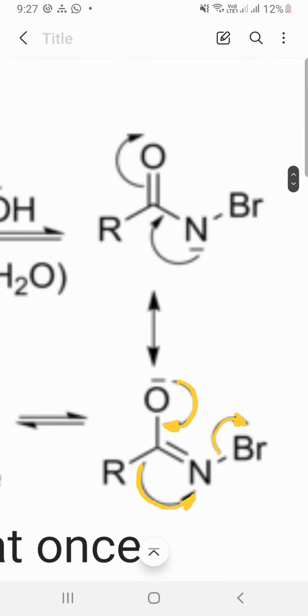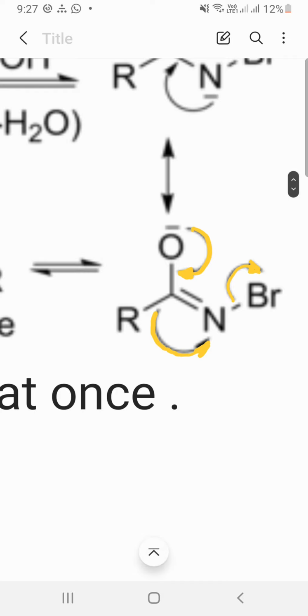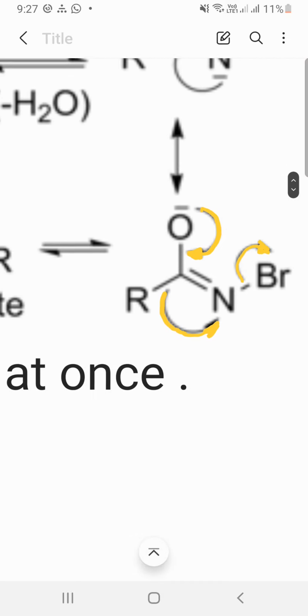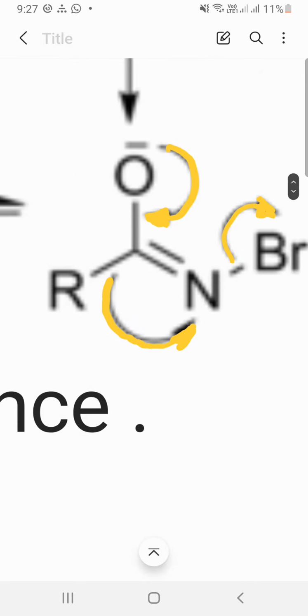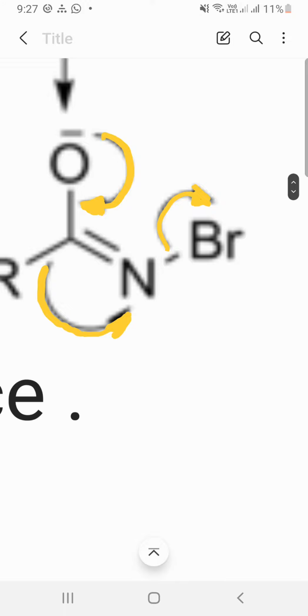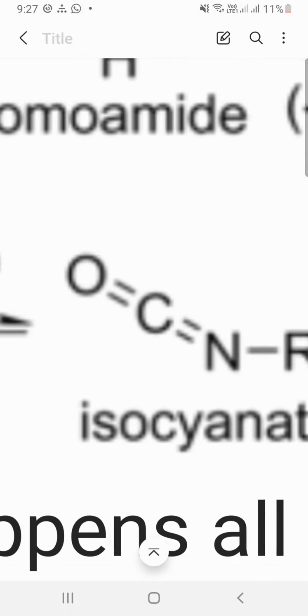Fine. So you got this bromine group involved over there, and then it does this thing. And now the next step is important. These yellow arrows are what is going to happen in the next step: the oxygen lone pair goes down, but it kicks off R minus instead of anything else, and that R minus goes to the nitrogen, kicking out this bromine. Weird, right? But that's what happens.